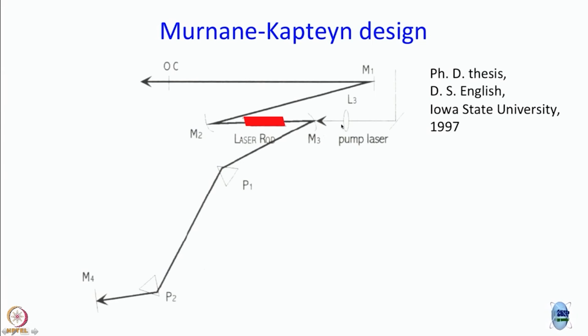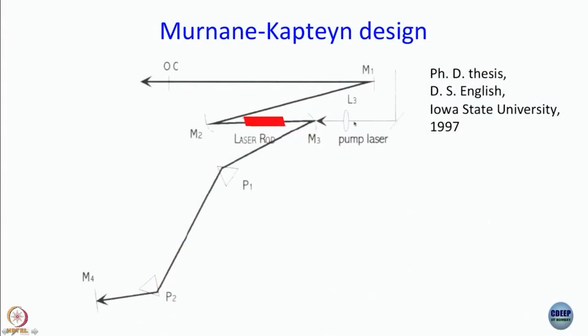Pump laser comes in, and one thing that we will say without going into much detail here is that for solid state lasers, pumping has to be coaxial. For dye lasers, it is okay if the axis of lasing is this and you pump like this. Not so for solid state lasers. So, pumping has to be more or less along the same axis along which lasing takes place.